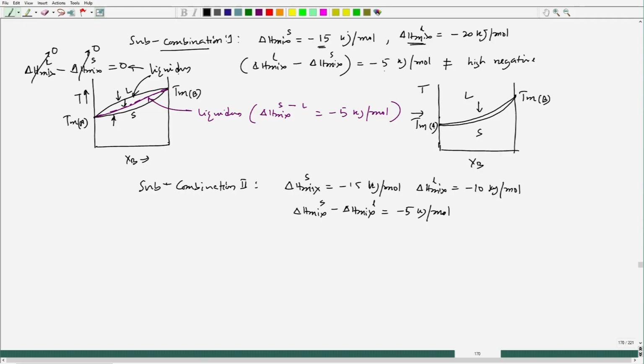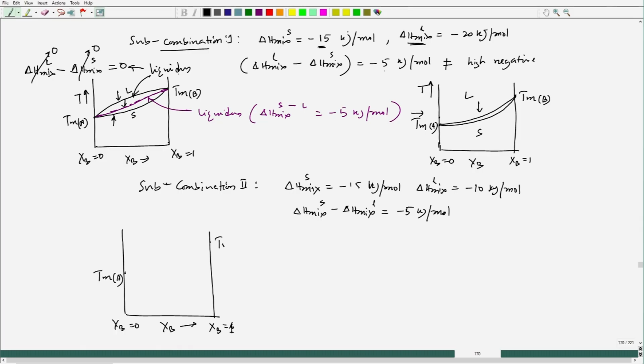So, this was the situation where both the del H mix values were 0. Please do not forget to put the extreme end compositions: x B equal to 0 and x B equal to 1, with x B varying this way. This is T m A, this is T m B. This is the liquidus and this is the solidus.